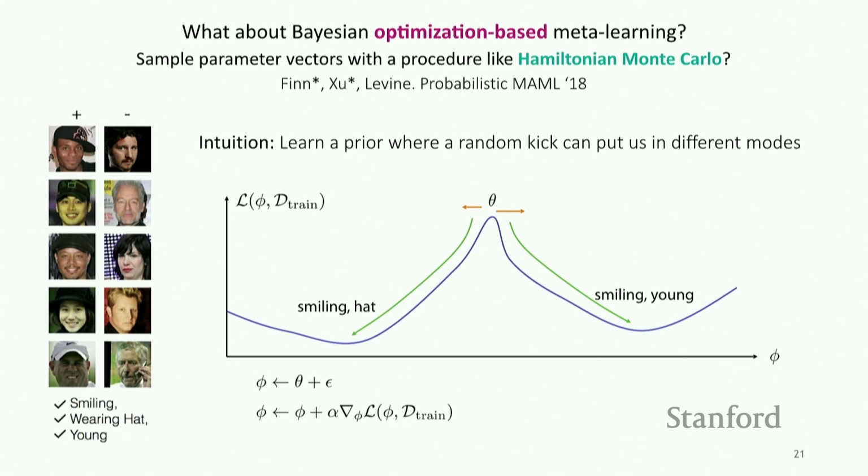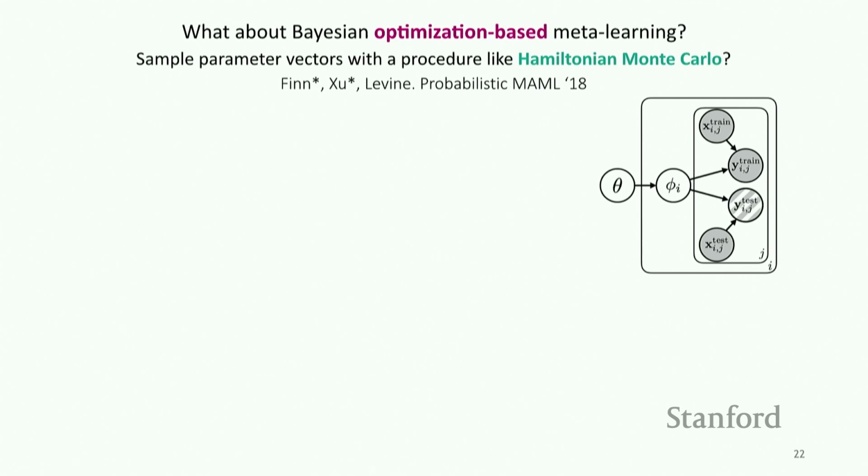We get different functions that represent different modes of the correct answer. Okay, so this is what we want to be able to do at test time: just add noise and run gradient descent. The way that we do this, first let's bring up our graphical model shown before.